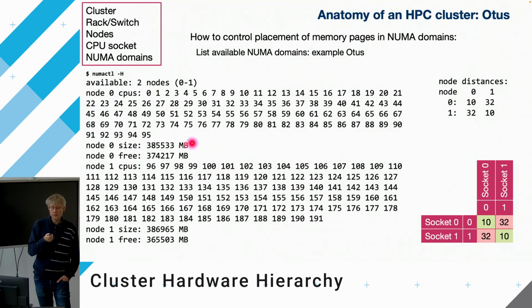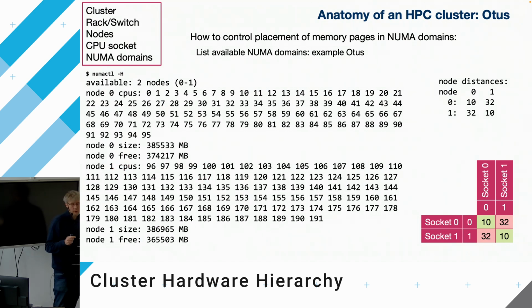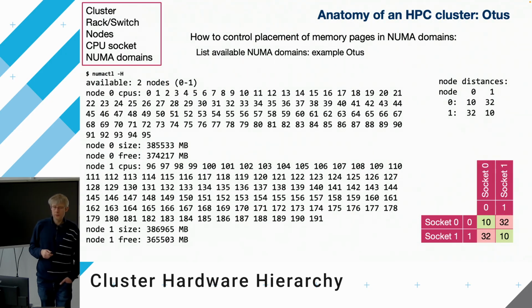You also get the size of the memory that is logically grouped into each NUMA node. And you get this little matrix that says: if my process or thread runs on one NUMA node, then the local access is fast, with the 10, and the other access is slow, with the 32.